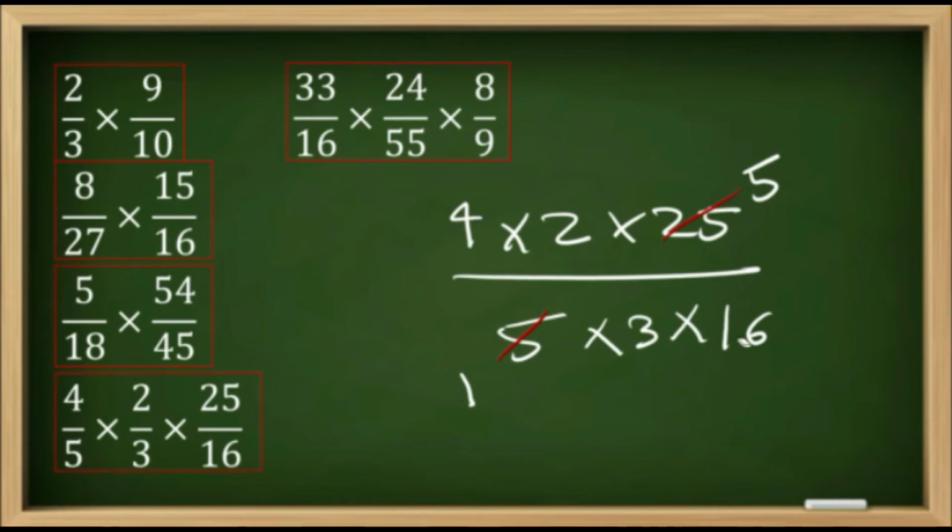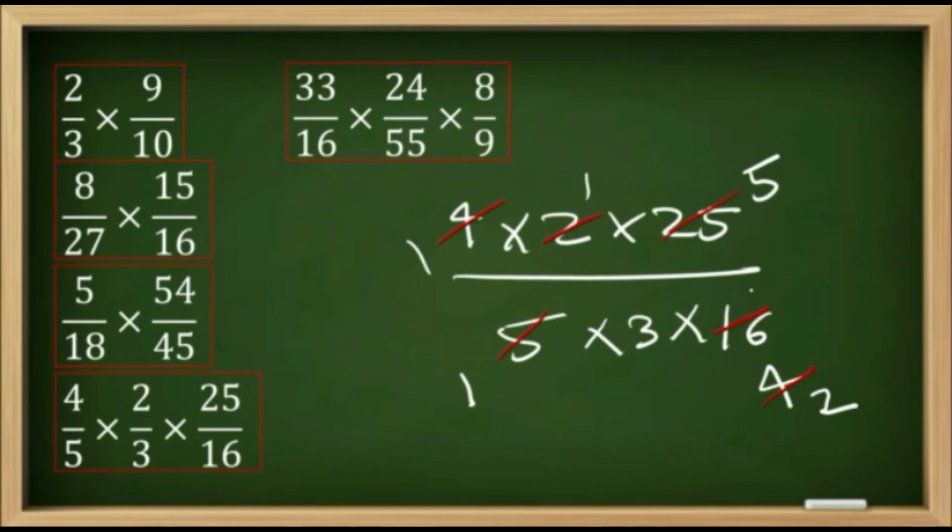So I'm going to do the 4 and the 16 one. 4 ones are 4, 4 fours are 16. Now what I'm going to do is take this 2 and 4 and simplify it even further. 2 ones are 2, 2 twos are 4. And now I see there is no chance of simplification.